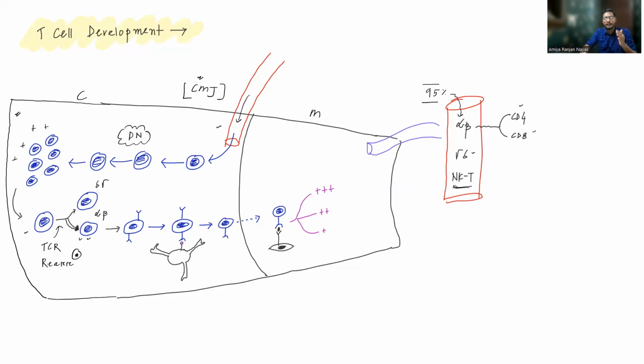Because these T cells have to identify different types of antigens, during development, with the help of T cell receptor rearrangement, they produce different types of alpha beta receptors.